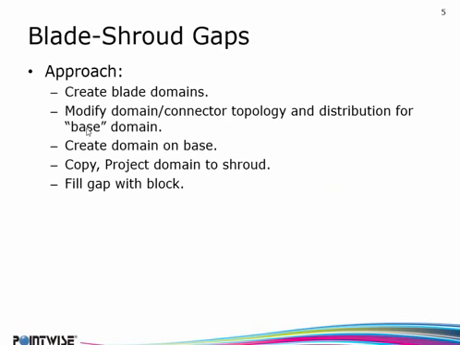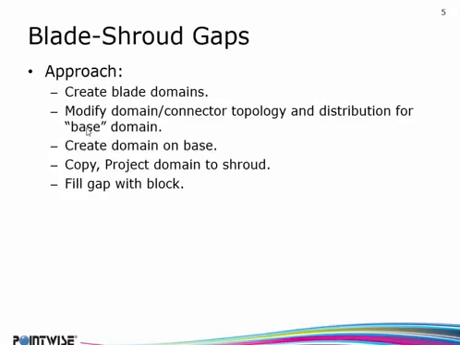So these are the steps that I'm going to take for this first case. I'm going to create the blade domains. I'm going to modify the domain and connector topology after I create the domain so that it's a little bit more applicable for creating a domain on the base region in the gap. We're going to do several things in that step in terms of splitting the topology and changing distributions and dimensions.